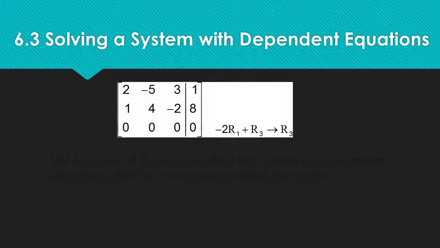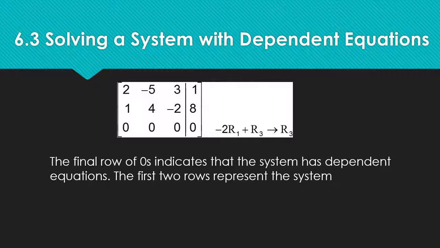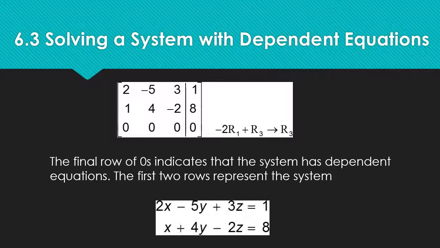But eventually in your solving, you're going to get that row 3 is all 0, which means we have a system of dependent equations. So the first two rows represent the system, which means we have 2x minus 5y plus 3z equals 1, and x plus 4y minus 2z equals 8.